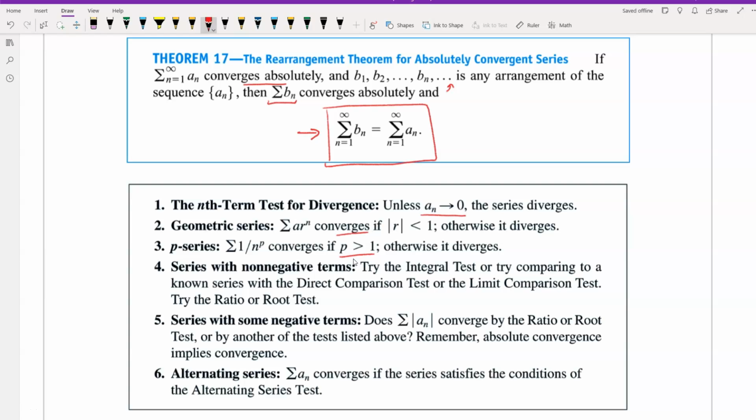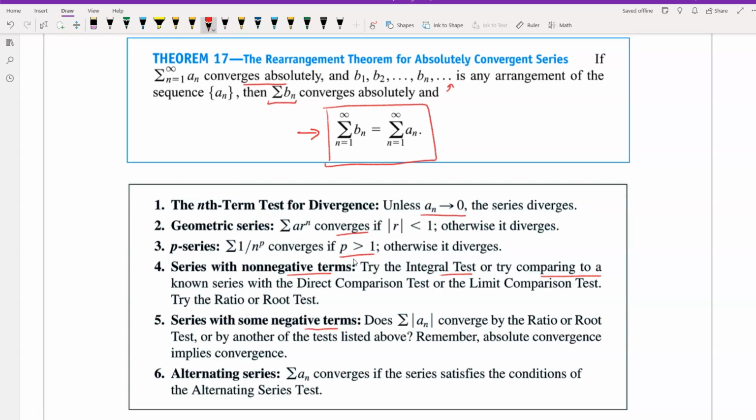Number four, series with non-negative terms. For this part, try the integral test, or try comparing to a known series with the direct comparison test or the limit comparison test. Try the ratio or root test. Number five, series with some negative terms.